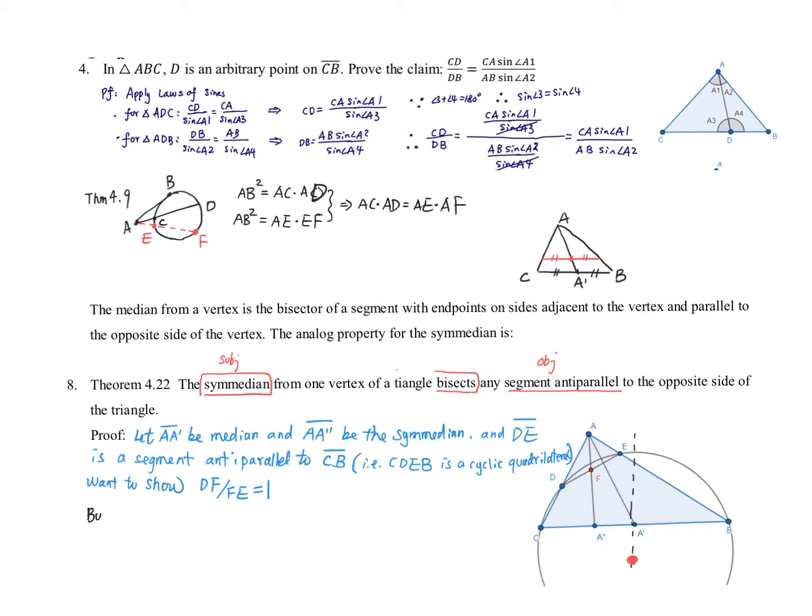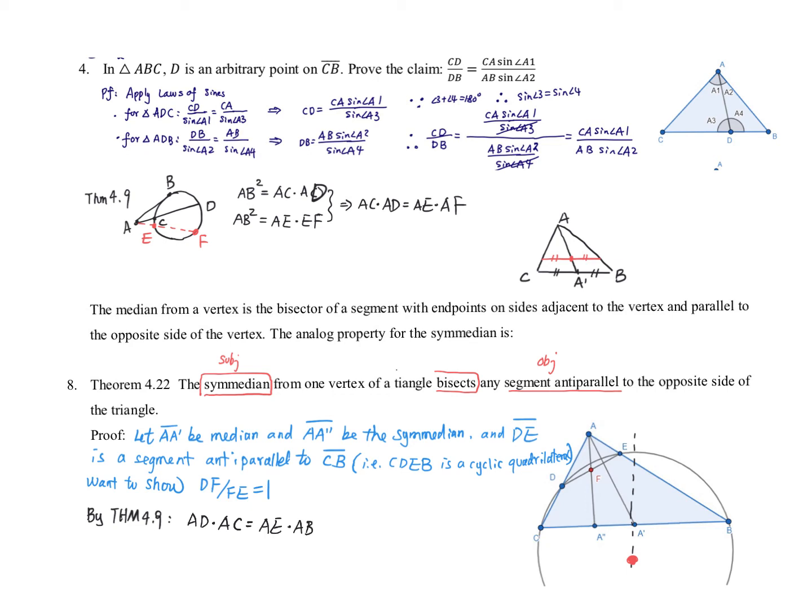By Theorem 4.9, explained above, look at this circle. The circle passing through D and E. We do know there's a circle because it's an anti-parallel segment. That means this is a cyclic quadrilateral. It must be inscribed by a circle. So we say AD times AC should be equal to AE times AB.